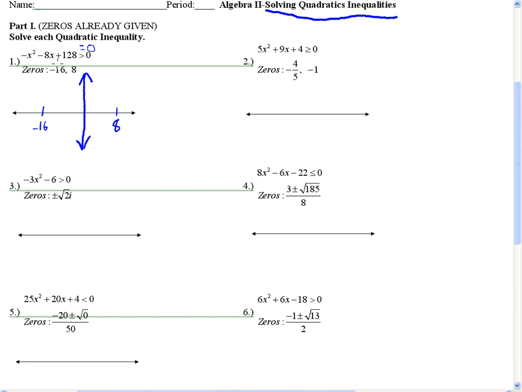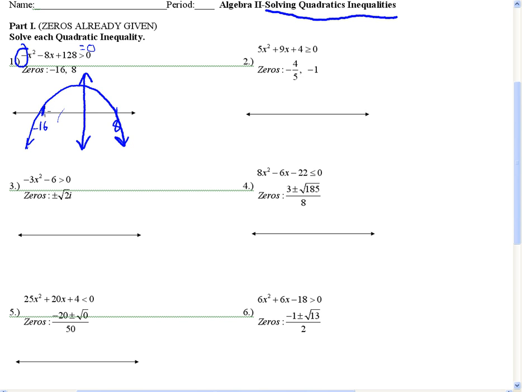What determines that? Let's look at the leading coefficient. It's negative, so we know it's going to be an upside down parabola. It opens down, so the parabola has to look something like this. Now we want to look at the graph and see where it is positive, above the x-axis, above the number line, and where it is negative, below the x-axis, below the number line.